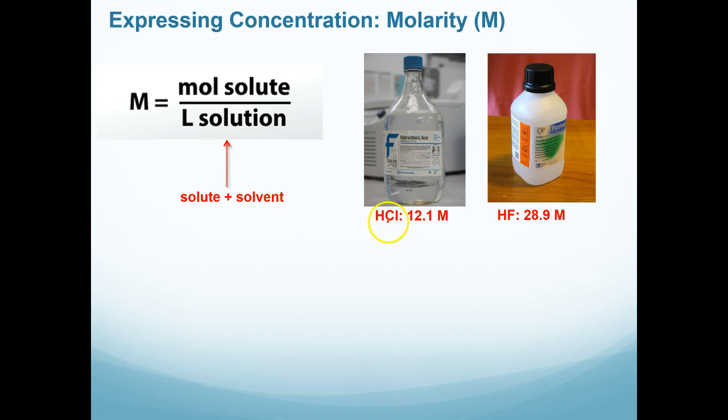So hydrochloric acid is sold as a 12.1 molar solution, so really, really concentrated. I would pause the video and think about why we get them from the chemical supplier so concentrated. Something to think about is just volume. If it's more concentrated, I can store a smaller volume, and then I can dilute it or water it down to whatever concentration I want. It makes it a lot easier.